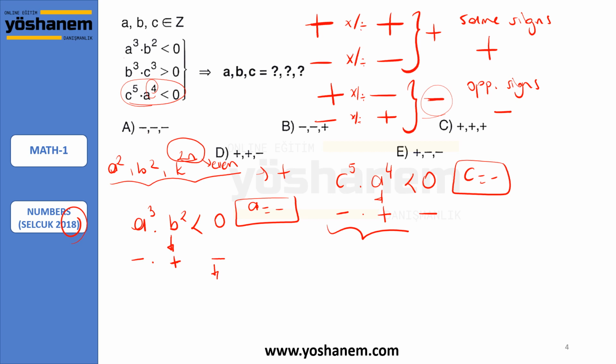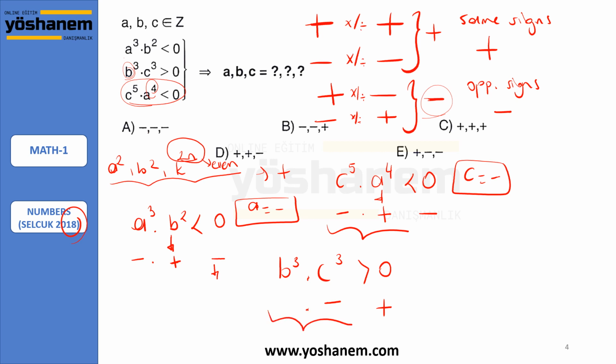Let's find the B. Okay, so B power of 3 times C power of 3, it says the multiplying is positive. So same signs are positive, right? I know my C, it was negative, so I can write it down here.